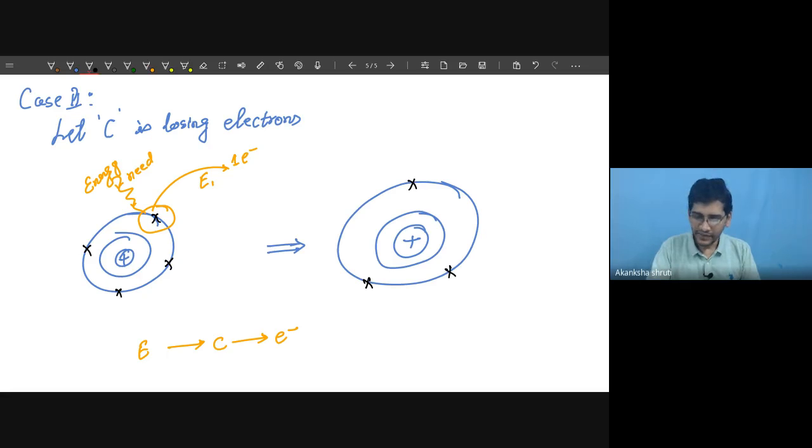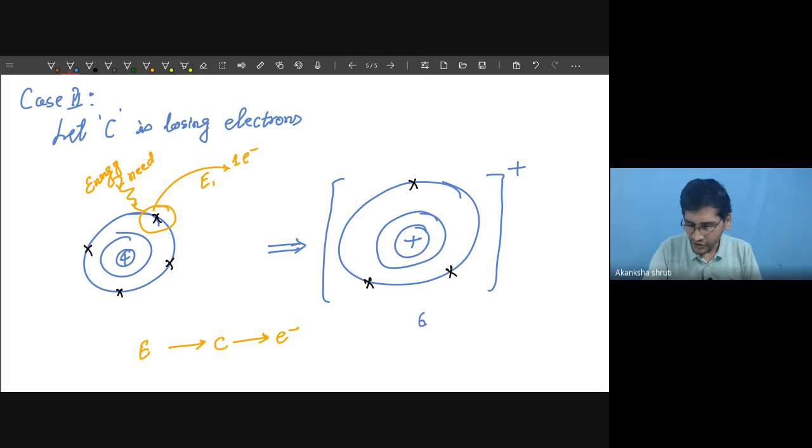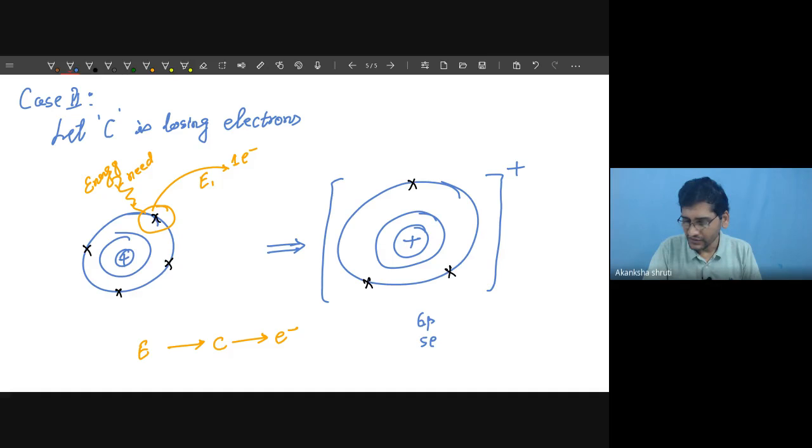electrons. For denoting that, we put this in a bracket and write it with a positive charge, because the nucleus has 6 protons, but the electrons are 2 in K cell and 3 in L cell, so 5 electrons. So there is a mismatch, 6 positive but 5 negative, so we get a net 1 positive.